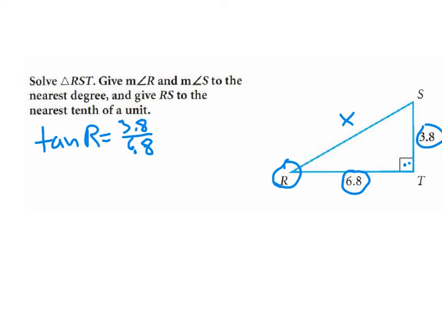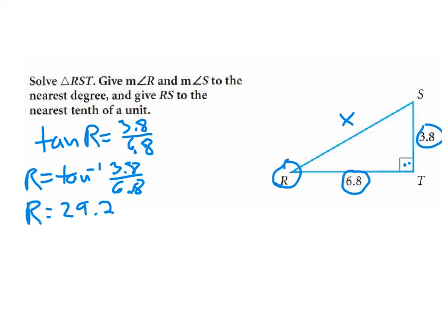We could use inverse tangent, which would mean R is tan inverse of 3.8 over 6.8. And R is then 29.20 degrees.